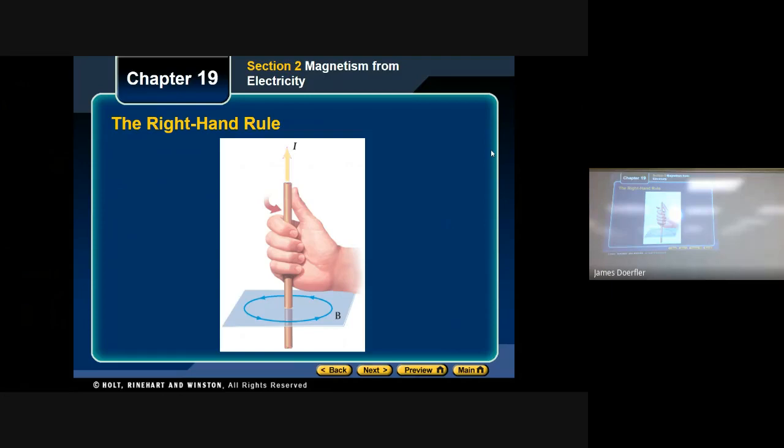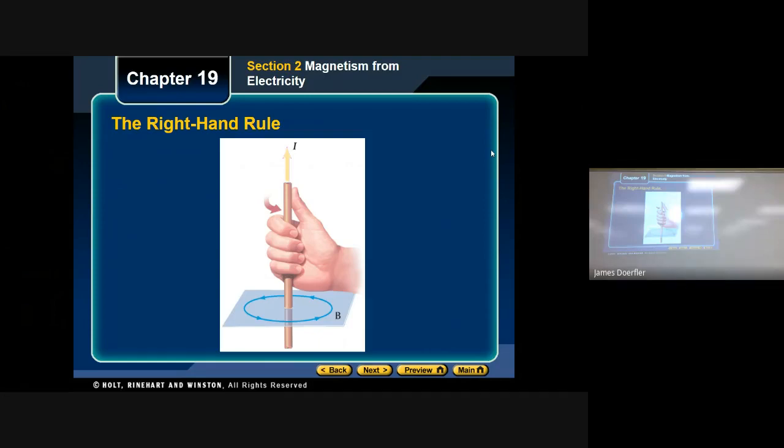Your fingers, as they wrap around your pen or pencil, show the direction in which the magnetic field is moving. So as you grip it like this, you notice your fingers are curling counterclockwise. That is the direction of the magnetic field in a current-carrying wire.